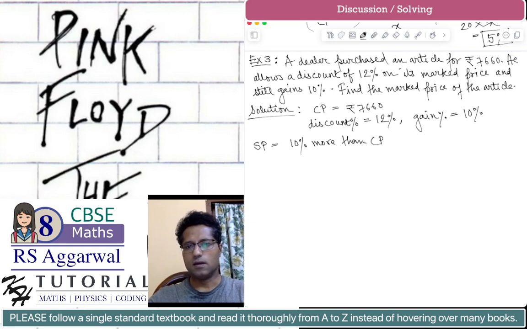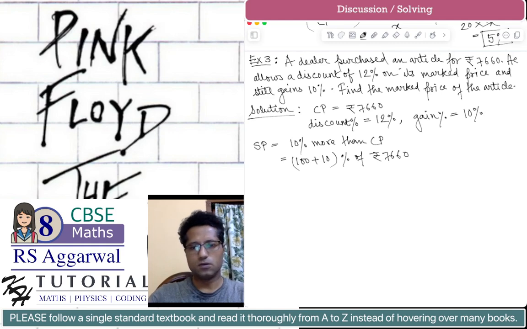So this is 10% more than CP, means 100 plus 10% of CP. The cost price is given to be 7660, because it is said that a dealer purchased an article for rupees 7660, which means the cost price of the article for the dealer is rupees 7660. So this is equal to 110% of rupees 7660.